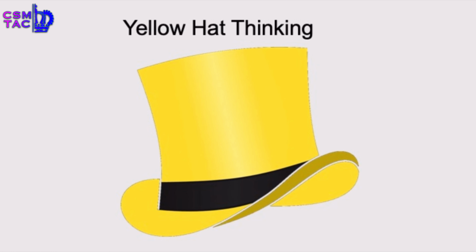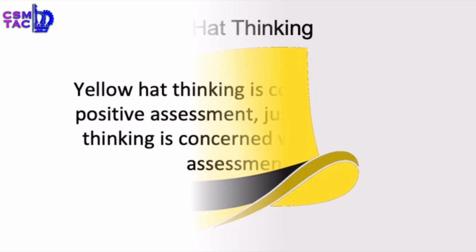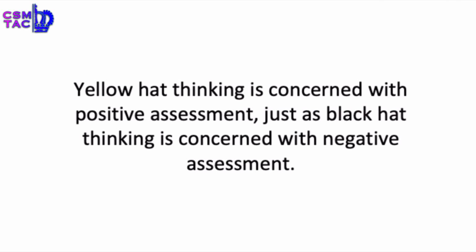Yellow hat thinking. Yellow hat thinking is positive and constructive. The yellow color symbolizes sunshine, brightness, and optimism. Yellow hat thinking is concerned with positive assessment, just as black hat thinking is concerned with negative assessment.